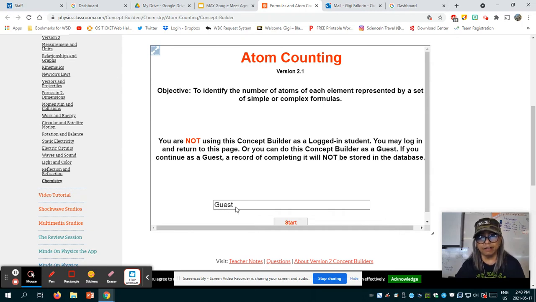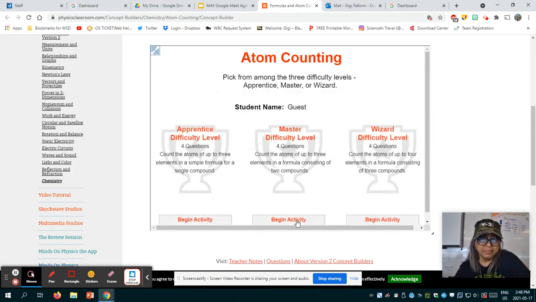So do not worry yourself with putting in your name here. Just click on start. So there will be the easy level or the apprentice level, and then the more challenging levels. Yeah, right. So let's try and check out this concept builder.